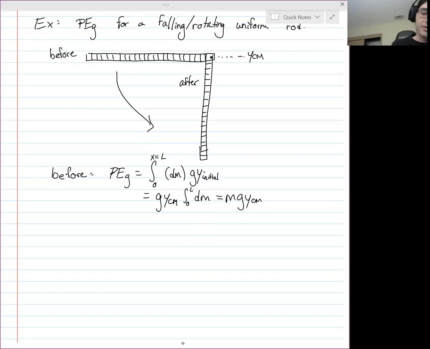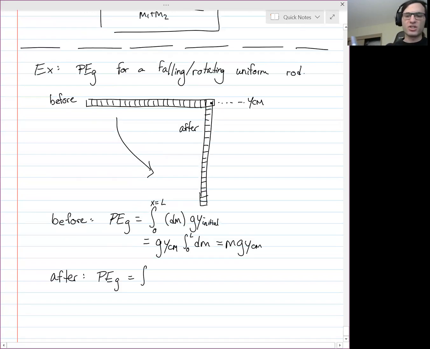After it falls, we have to do the same thing. We have to integrate the potential energy of each individual part, but this time the integral is slightly less straightforward. Just for the sake of being explicit, let's call this line here the x equals 0 line. I want to put my coordinate system here.